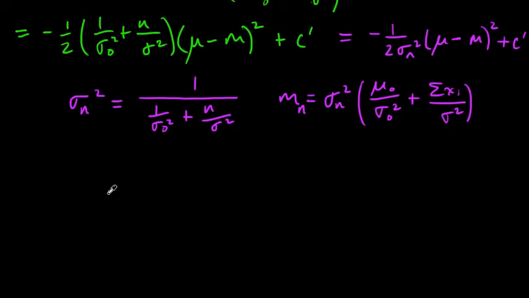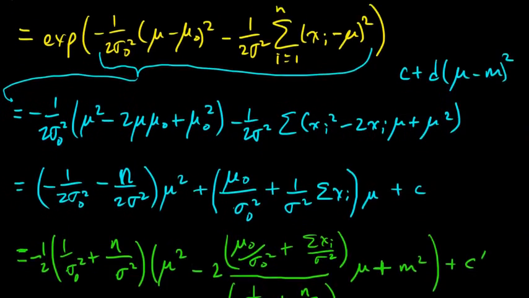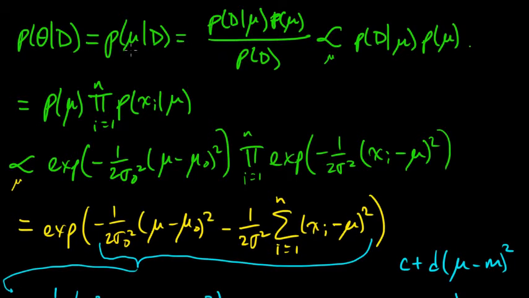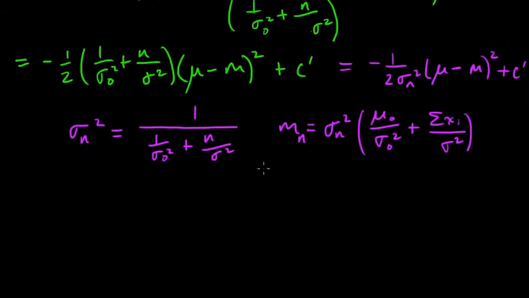Well, maybe I'll come back to that in a sec. So we've got these here, and this. We're in good shape now because as a function of mu, let's write it all out.